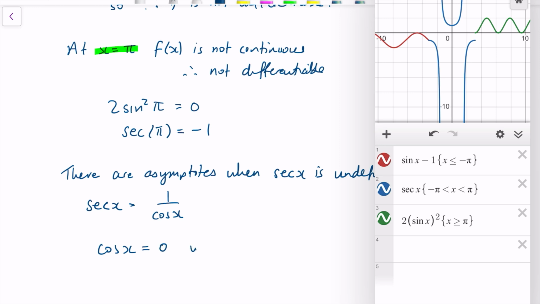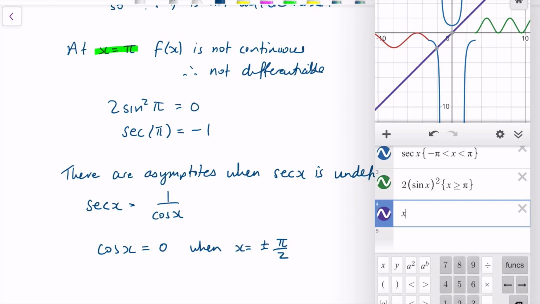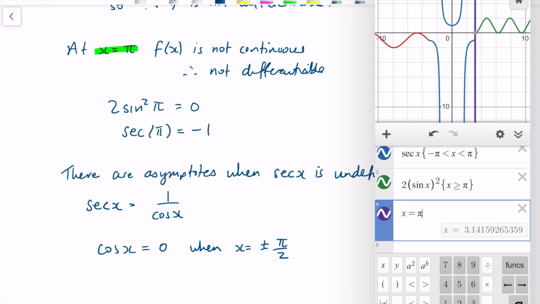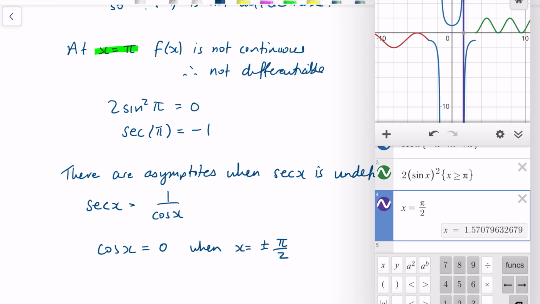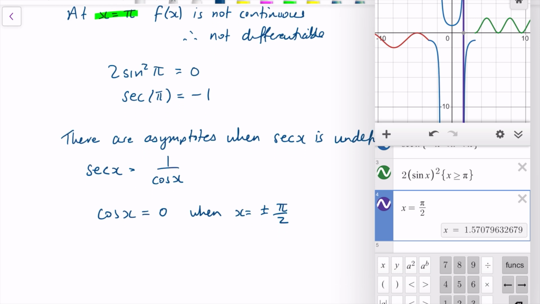Cosine x equals 0 when x equals plus or minus pi over 2 inside this domain. Of course, there are other values of x, but plus or minus pi over 2 are the values that we want. If we type in x equals pi over 2, we can see that's where the asymptote is, likewise for minus pi over 2. So those values of x are where the function is also not differentiable. Therefore, f of x is not differentiable at x equals plus or minus pi over 2.